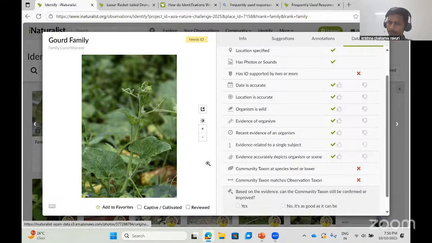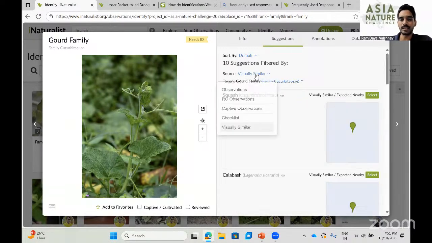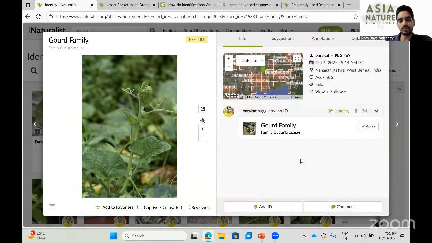We don't want to overwhelm you with so much information, but we recommend you check all four sections here: info, suggestions, annotations, and data quality. You'll be able to do a lot of interesting stuff if you use all of them. But as a beginner, what you can start with is just putting very basic identifications, and also marking something captive cultivated if you think that is the case.